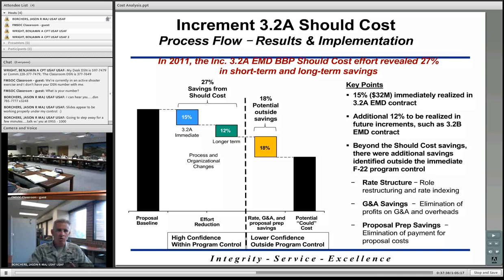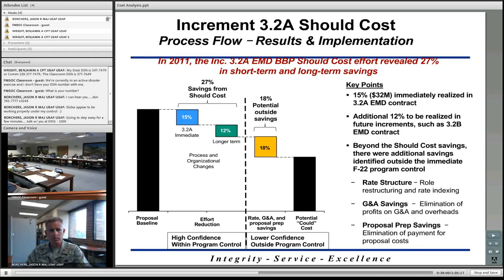So these are costs that, when we speak to the contractor and try to get them to improve their processes, may fall out as a result of that. So we can potentially see an additional 18% decrease in cost from the will cost to the should cost estimate.